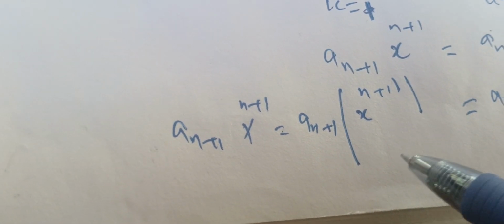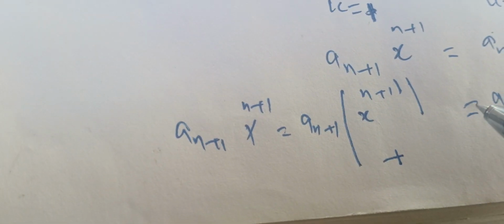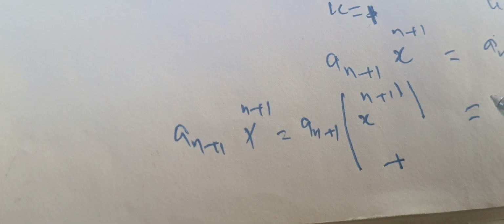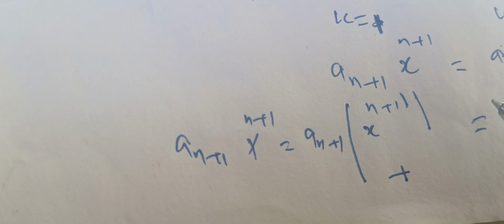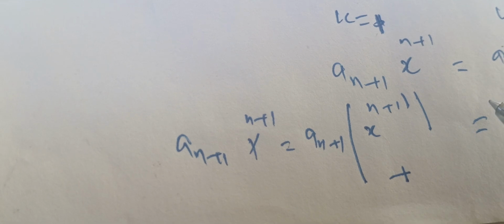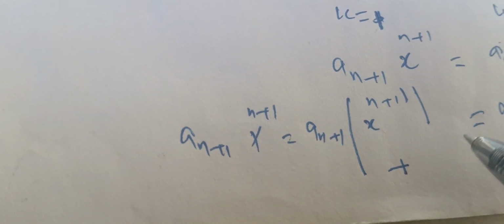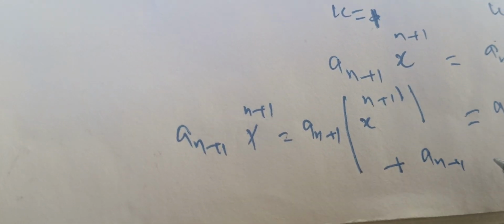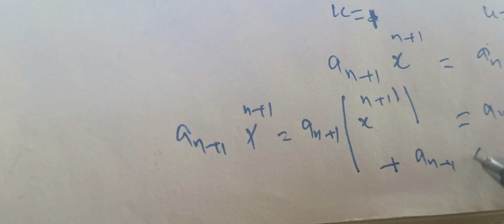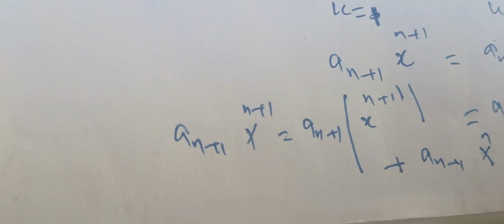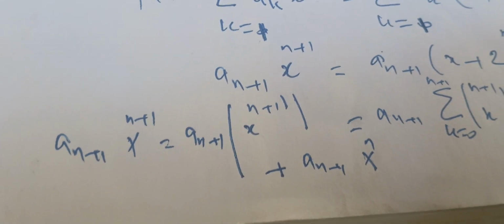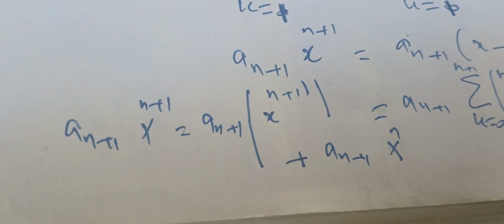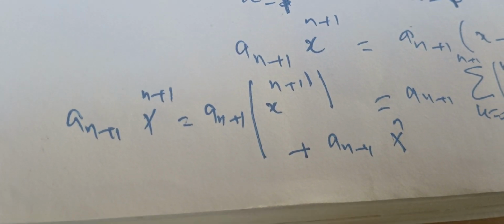Plus, when k is n, we're going to have a_{n+1} x to the power n, and the coefficient is going to be 2, in fact.